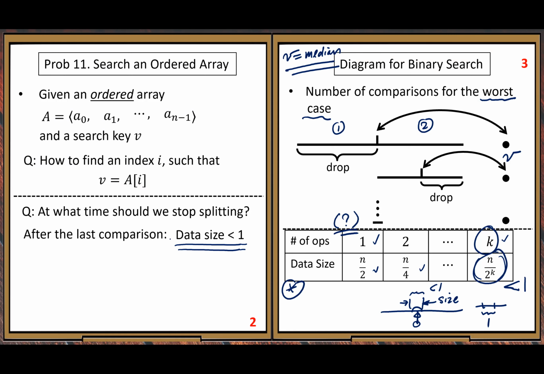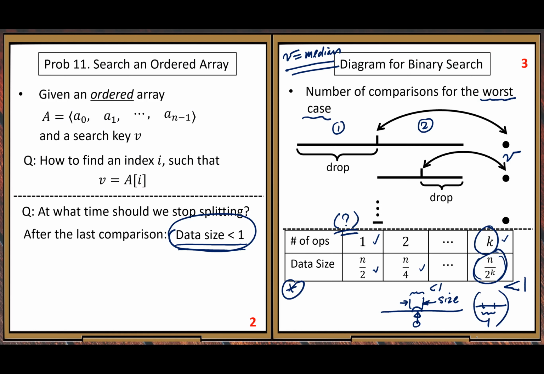So here, this condition gives us the stopping criterion. You have to stop if you detect the data size is strictly less than 1. Strictly less than, not equal to. If equal to 1, you have a chance to cover two elements, right?